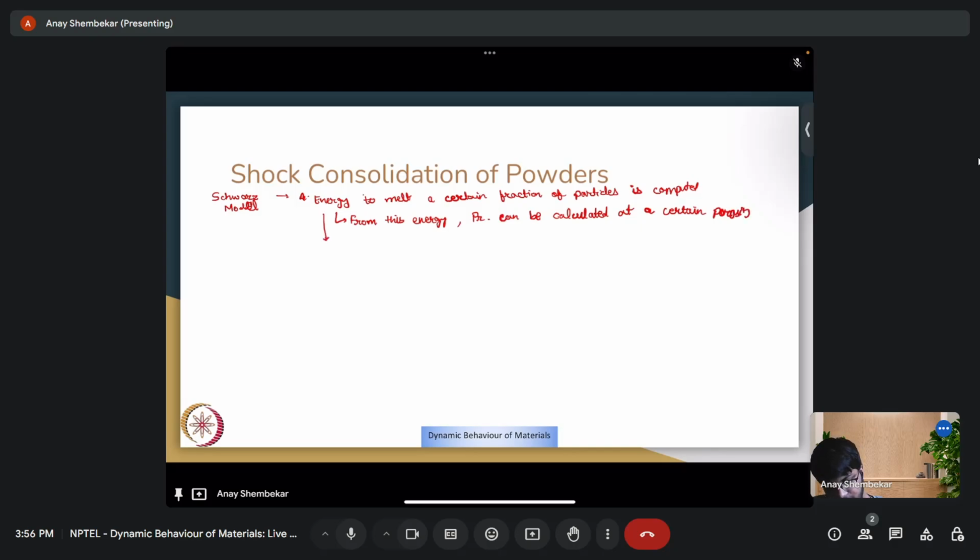You can also use this model to calculate shock pulse duration necessary for a melting resolidification.